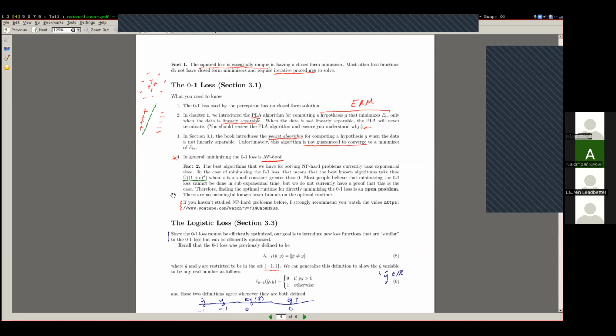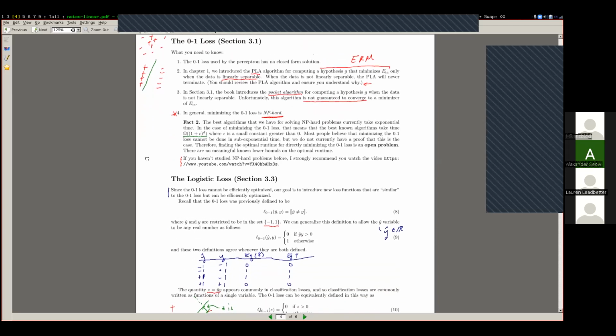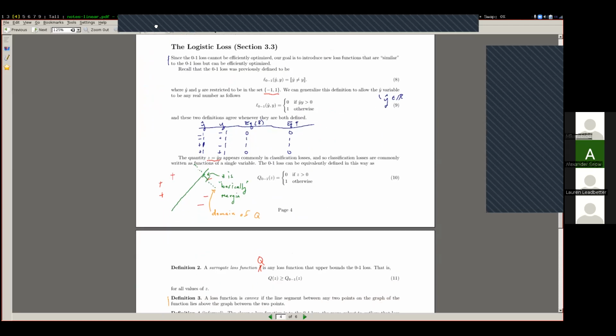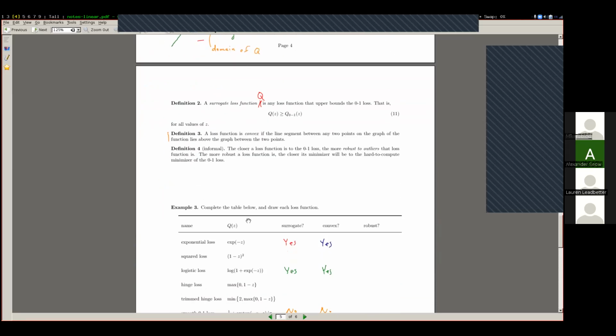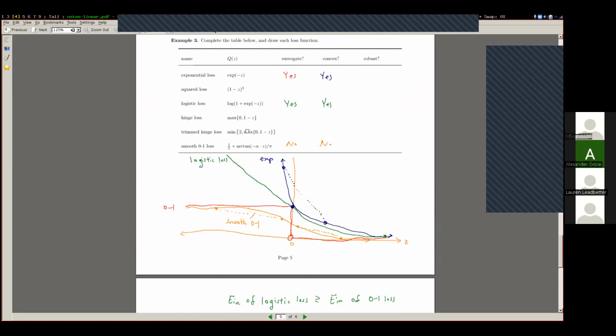And so although we don't know for sure, we have no proof that the runtimes are exponential, we have really good reason to believe that the runtimes are probably going to be exponential. And so we've started talking about how do we get around that problem. We introduced this idea of a surrogate loss function. And a surrogate loss function was a loss that somehow upper bounded the 0-1 loss.